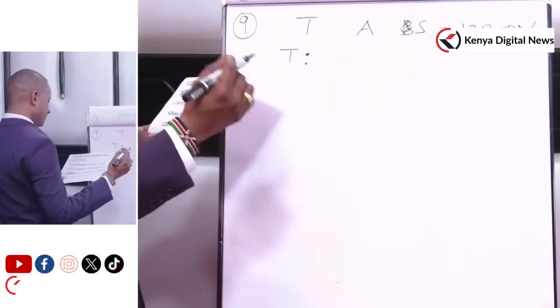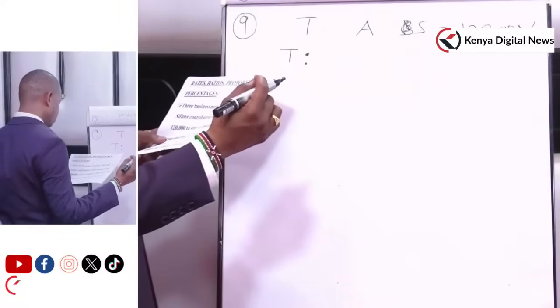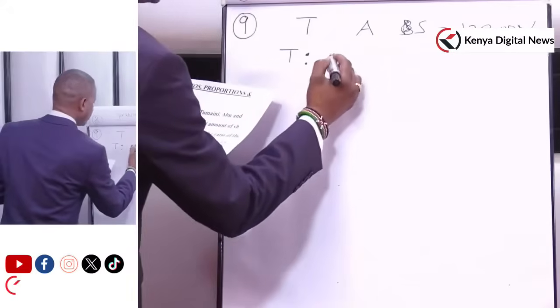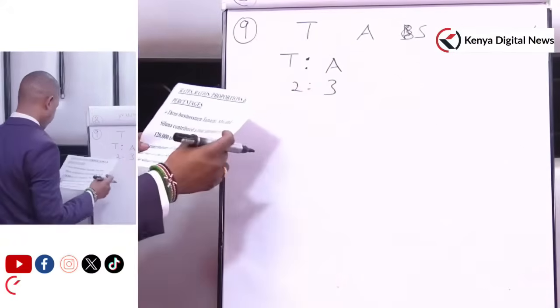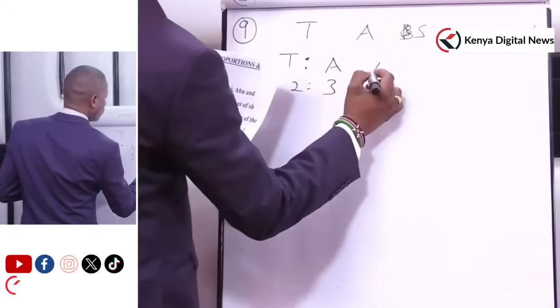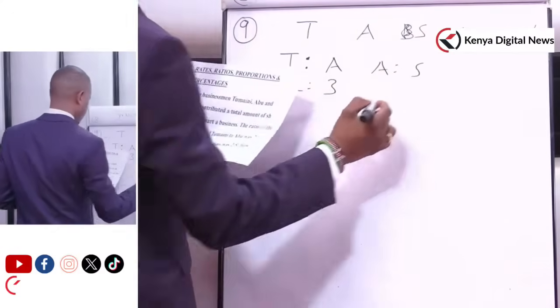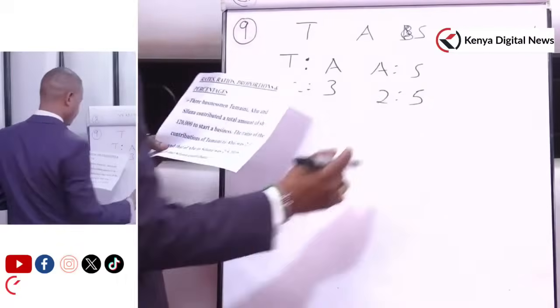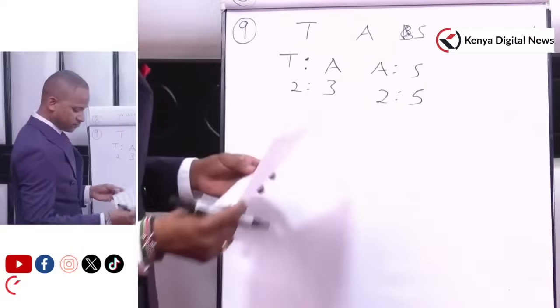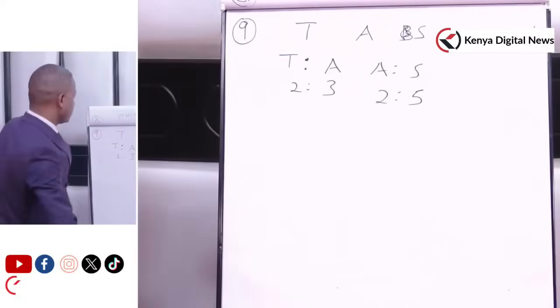So the ratio of their contributions of Tumaini to Abu was 2 to 3. And that of Abu to Sifuna was 2 to 5. How much did Sifuna contribute?